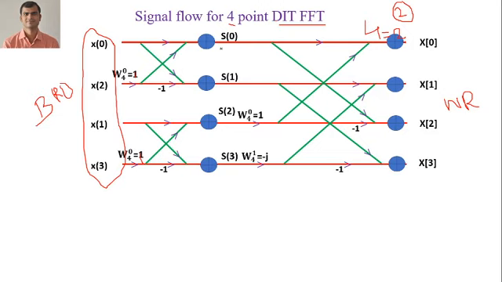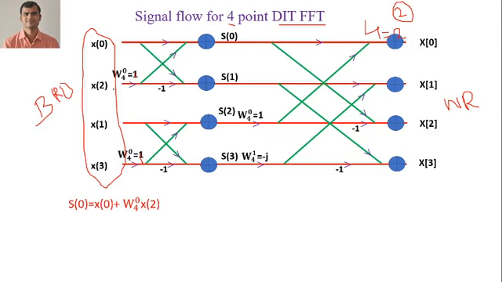Now how to calculate the value of S0? So S0 is nothing but the addition of x of 0. See here at this point we are getting two samples. So one is x of 0. See the arrow, x of 0 going to multiply with W40 into x of 2, as you see here. S0 is equal to x of 0 plus W40 x of 2. At this point here it is x of 0.